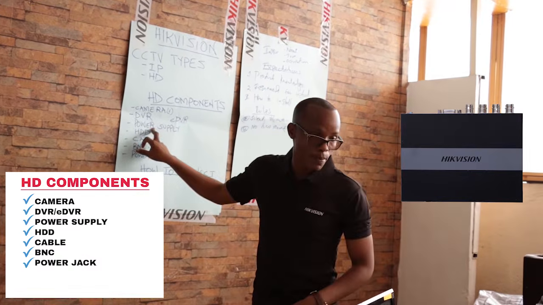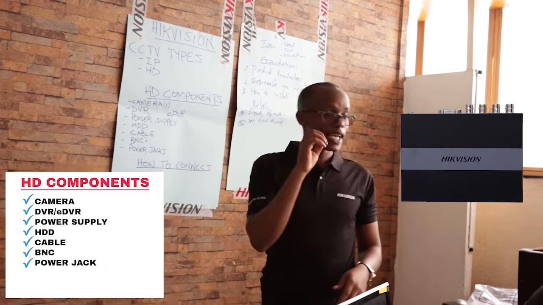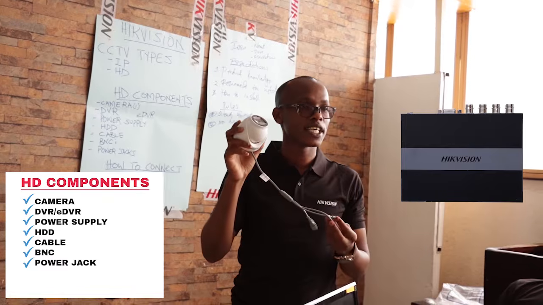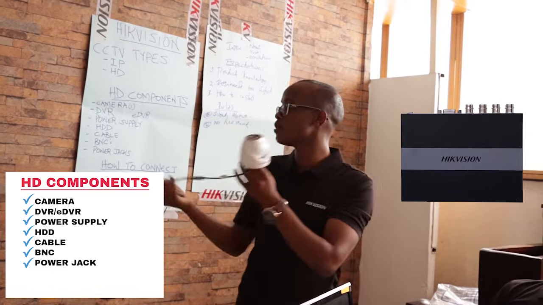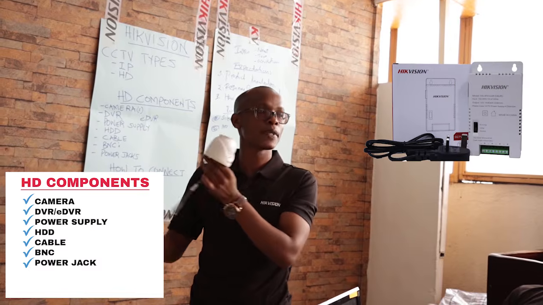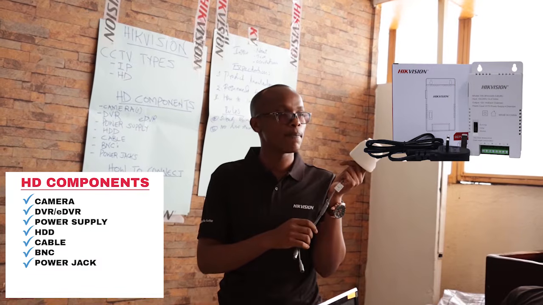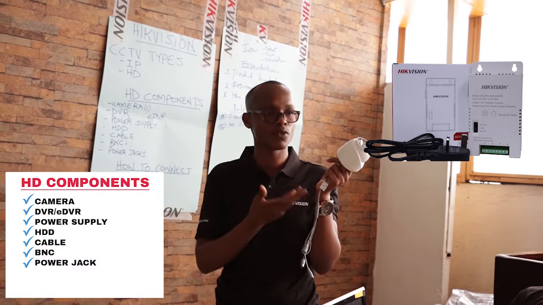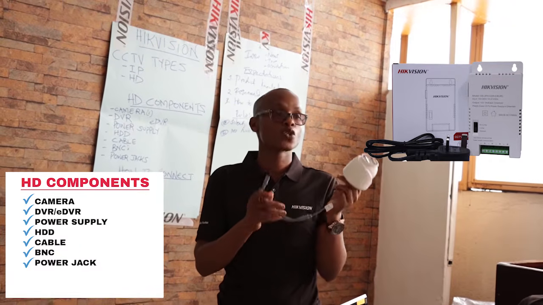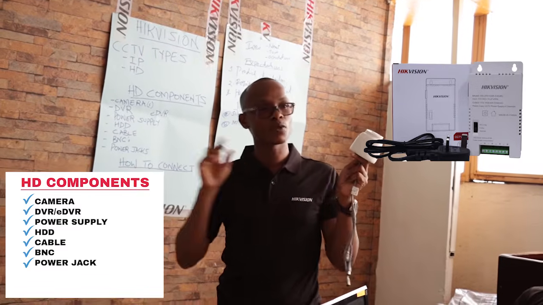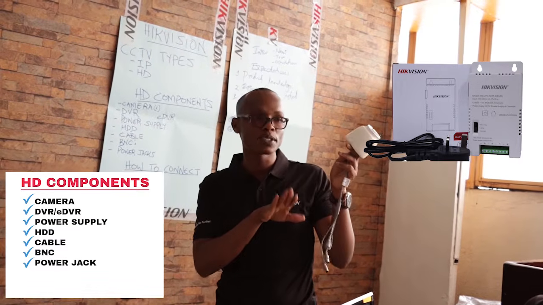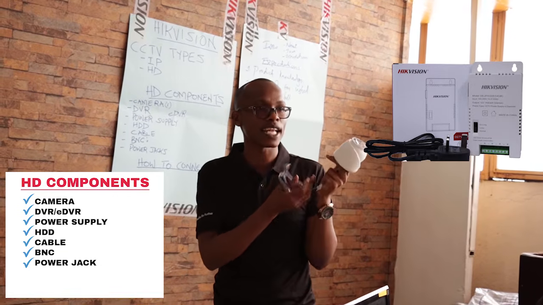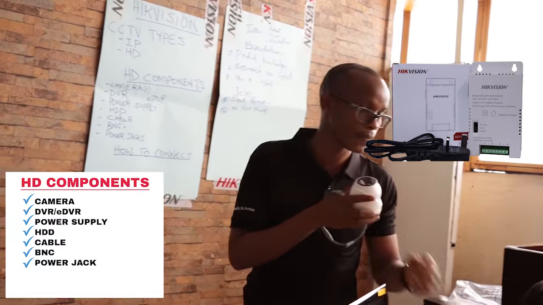The next item is the power supply. This camera does not use electricity directly. You don't connect it to the extension of the power directly. The power it uses is direct current. The electricity is alternating current, for those who understand electricity. So it needs something that will come from the electricity and then step down the power so that it gets a little power that is enough, so that you don't spoil the camera.